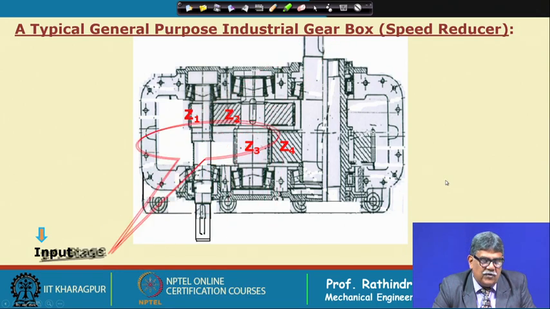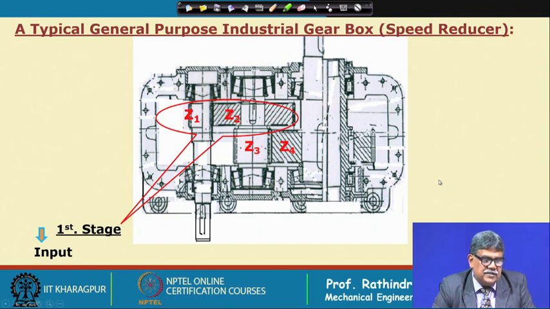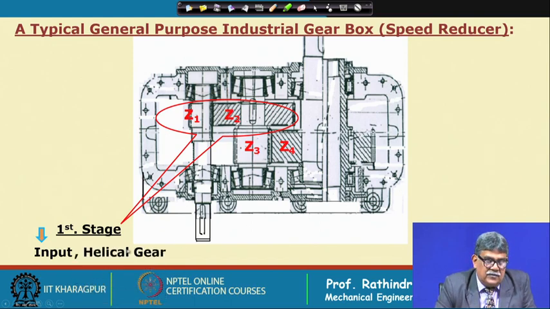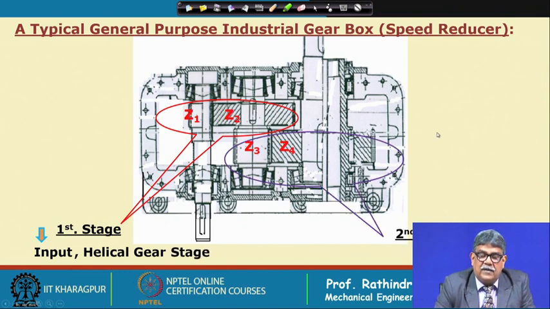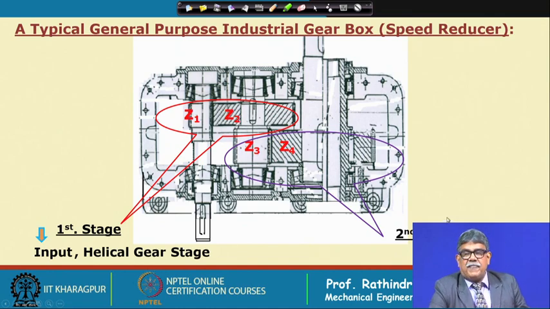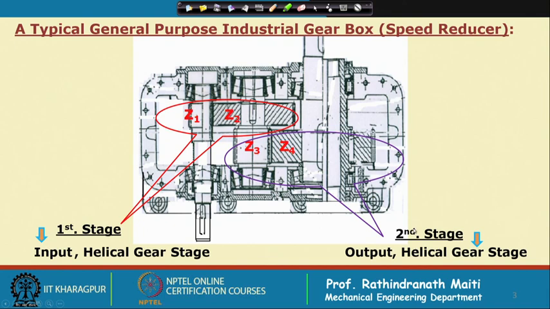Now, for this gearbox, this is the input first stage, which is helical gears. We are going to consider the helical gears. So, this is the helical gear first stage, and next we shall design the second stage also, which is also in this case a helical gear.